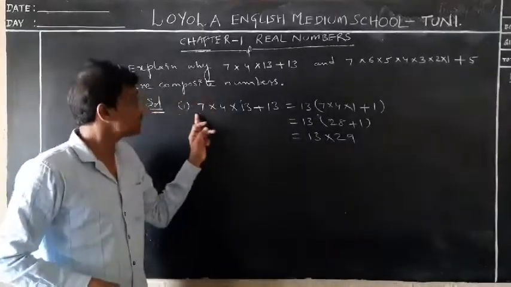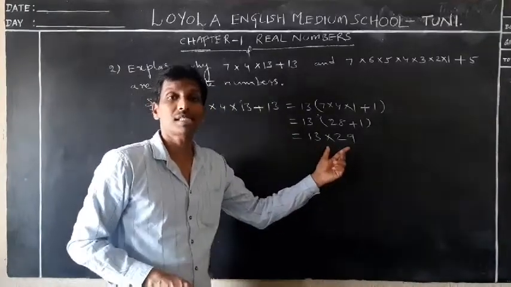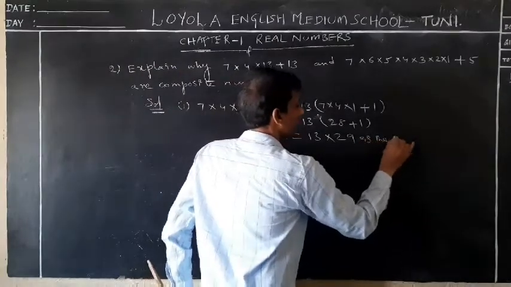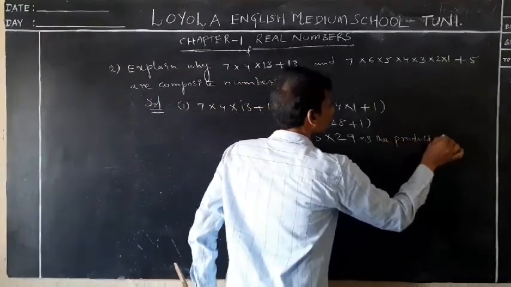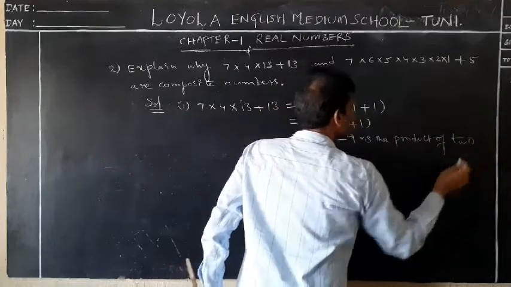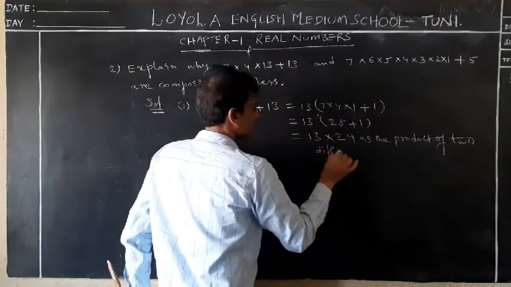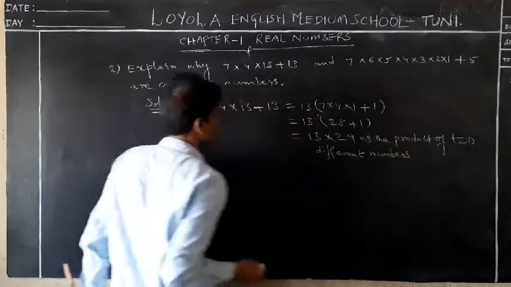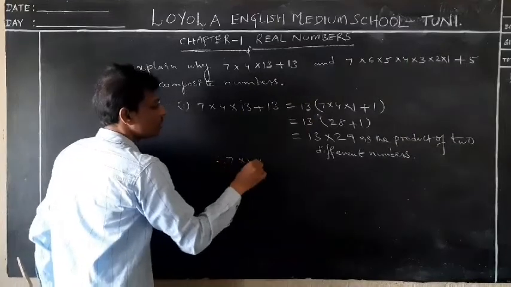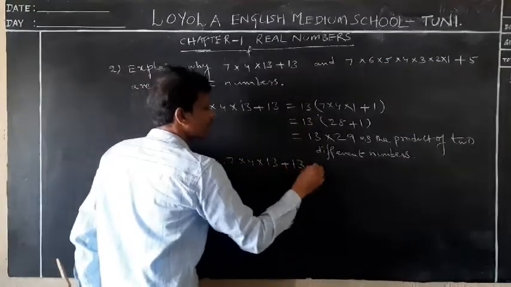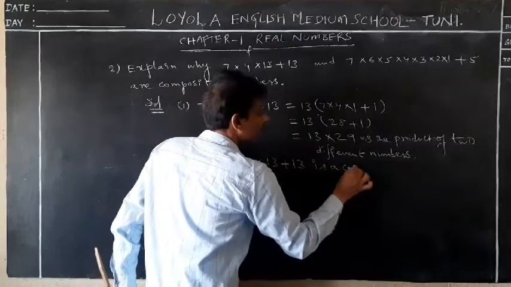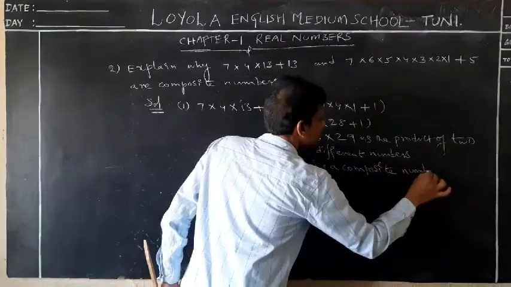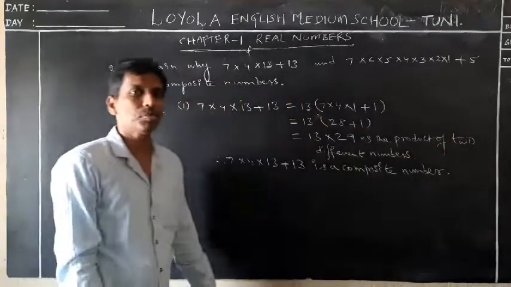Because this entire value is the product of two different numbers. Therefore, 7 into 4 into 13 plus 13 is a composite number.